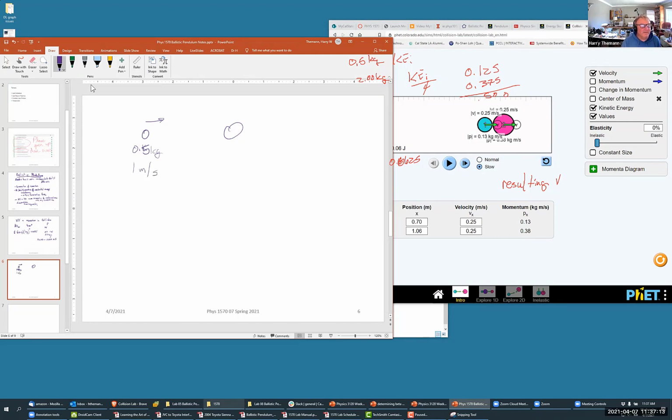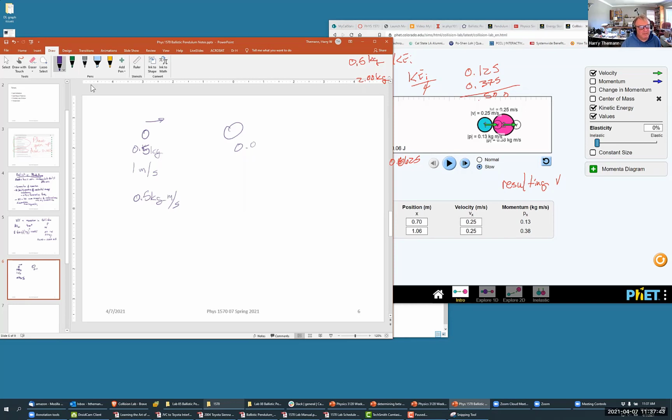So now the momentum is 0.5 kg meters per second. And this one had 0. And so at the end, give me a minute.